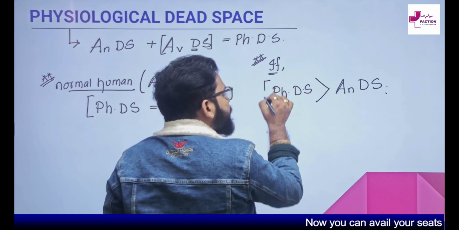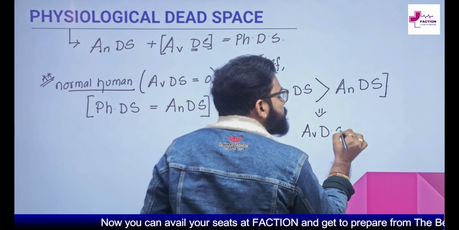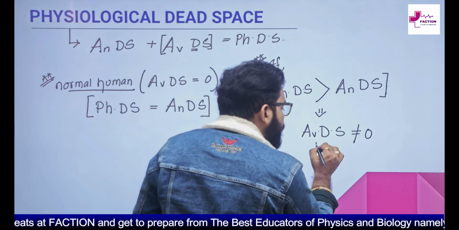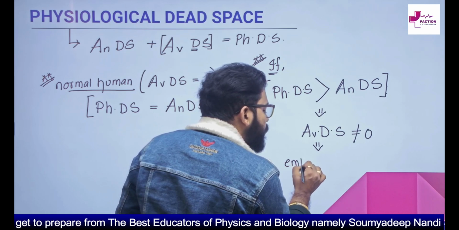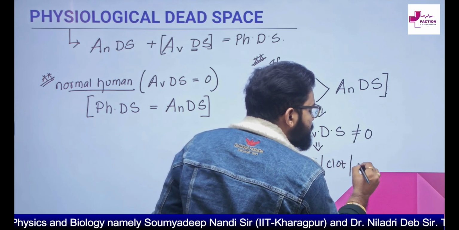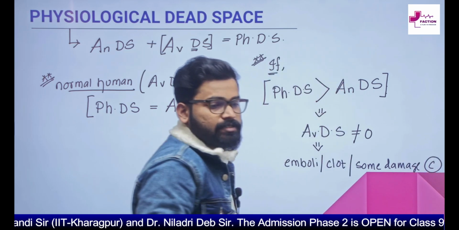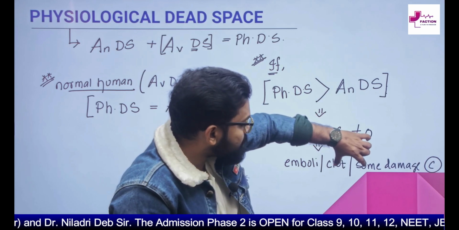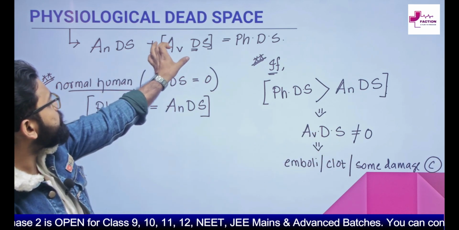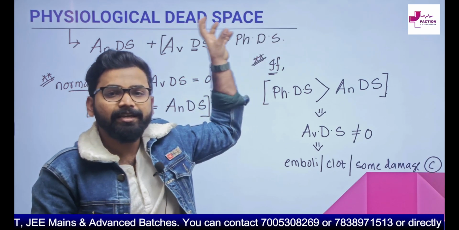It is a case which denotes that alveolar dead space is not 0. And it is indicative of what? It is indicative of emboli or clot or some damage in the capillaries. Clear? Because if there is some damage in capillaries, the alveolar dead space would have some positive value. Accordingly, this positive value plus anatomical dead space is the physiological dead space, so that this physiological dead space as a whole will be greater than the anatomical dead space.